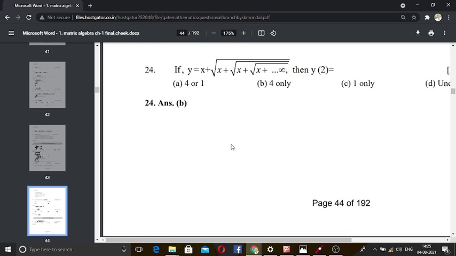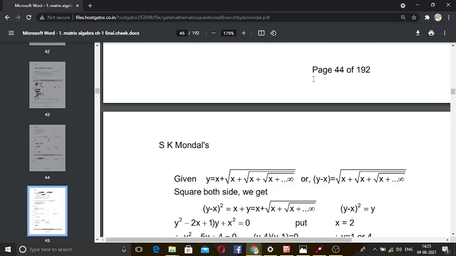Next question. If y is equal to x plus like this, then what is the value of y of 2?